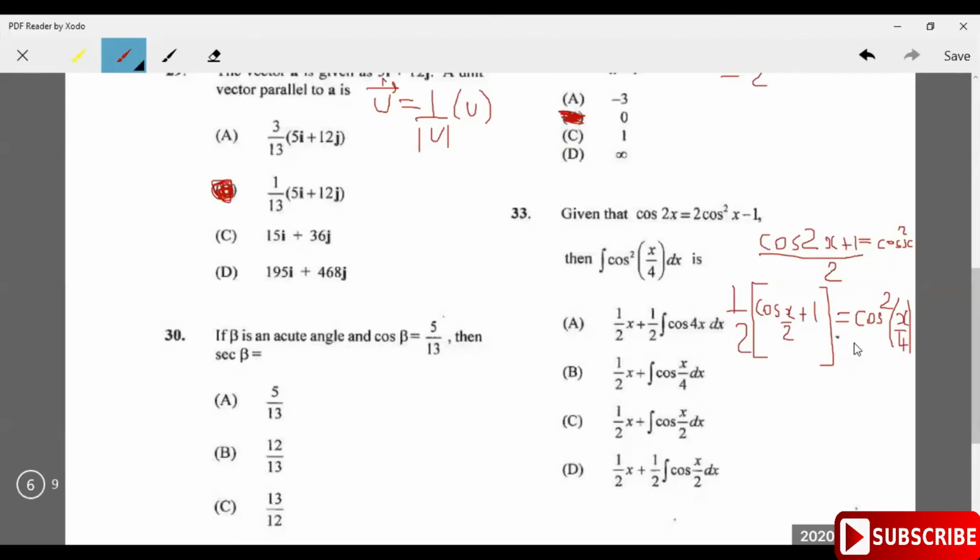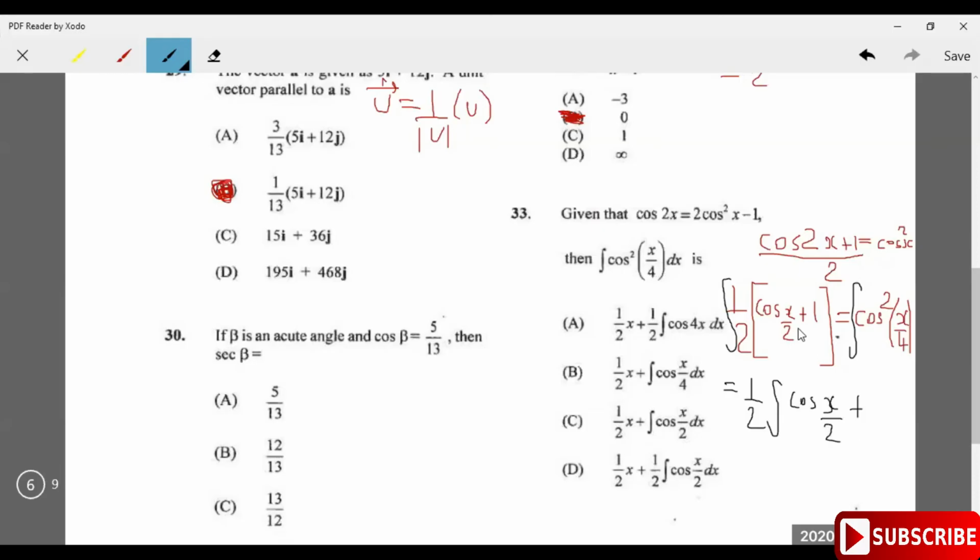And so therefore the integral of this side is going to be equal to the integral of this side. Now this works out to just be a half the integral of cosine x over 2 plus a half the integral of 1.